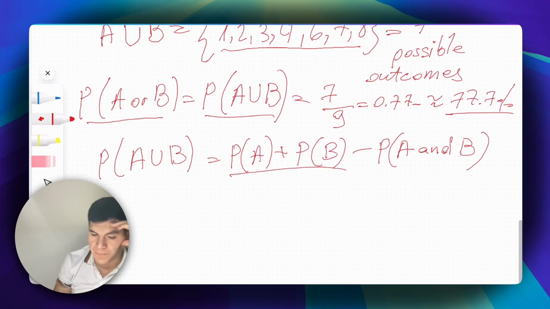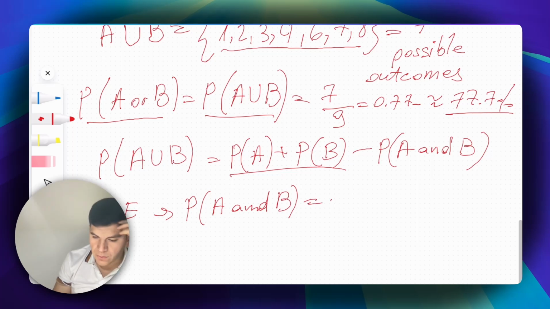The thing is that earlier I spoke about the mutually exclusive, which was the case for the A and B. There are no common elements included in both. So it means that the P of A and B in our case is equal to 0.